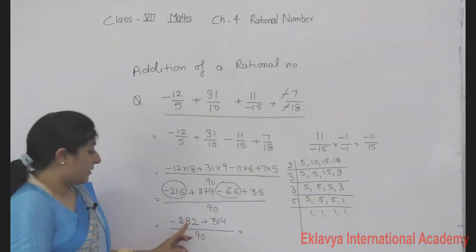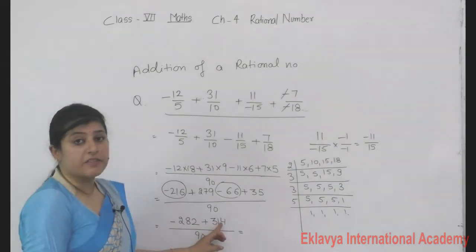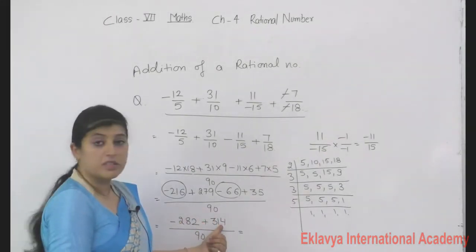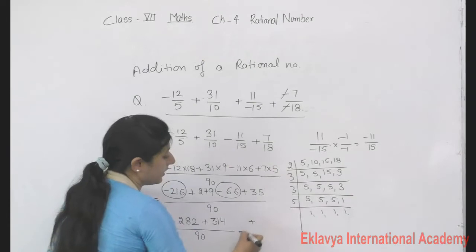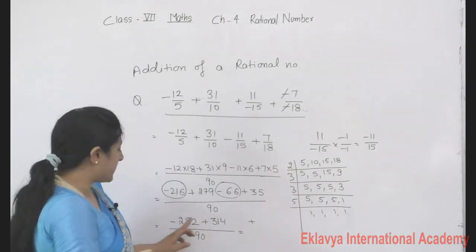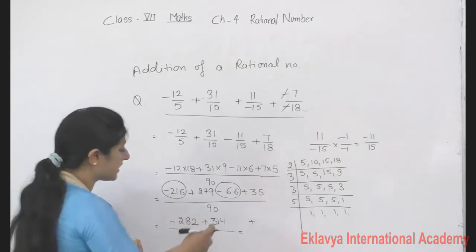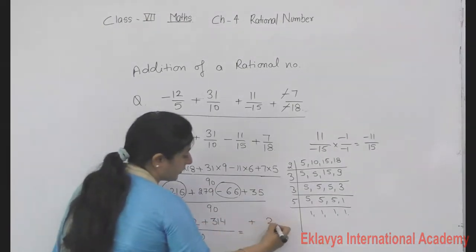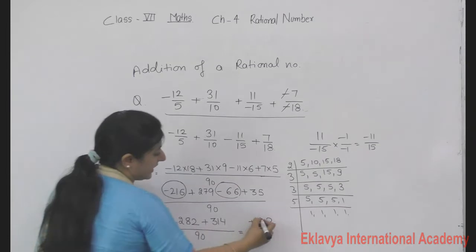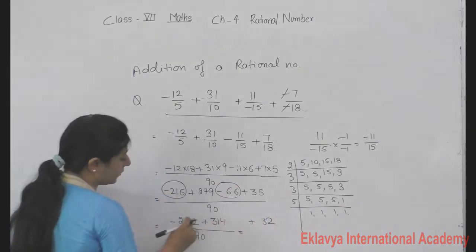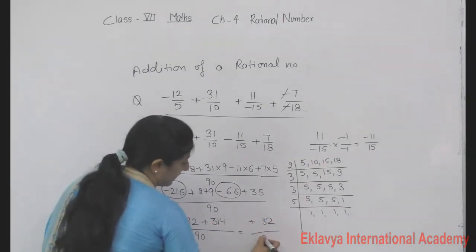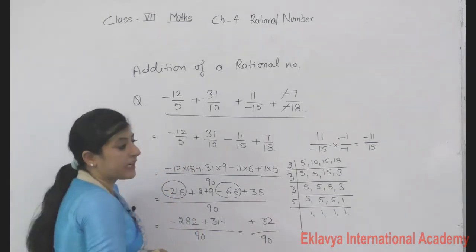Now see, -282 plus 314, which one is greater? Positive value, it means the answer will come in positive. But plus minus, it means we have to subtract. 4 minus 2 is 2, 11 minus 8 is 3, 2 minus 2 is 0. So it becomes 32 upon 90.